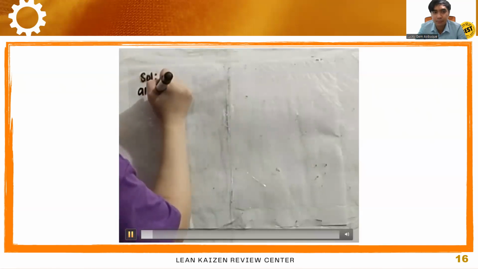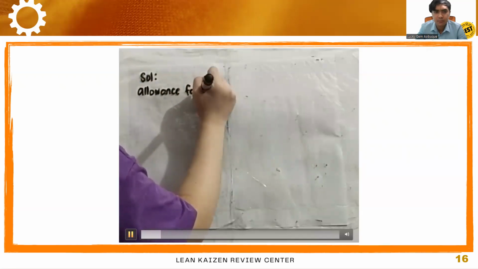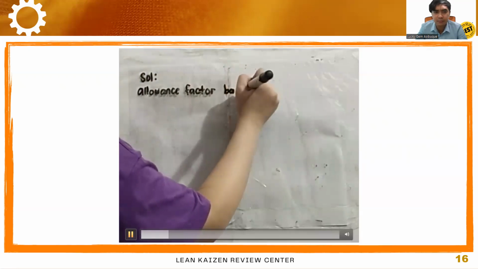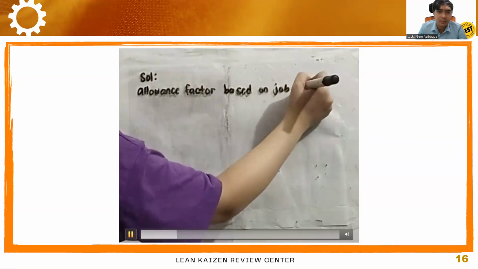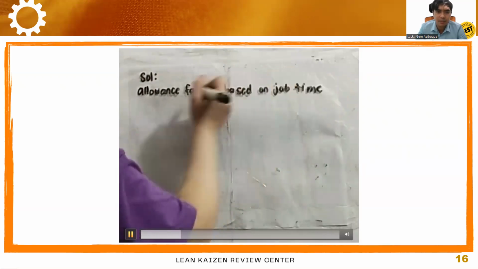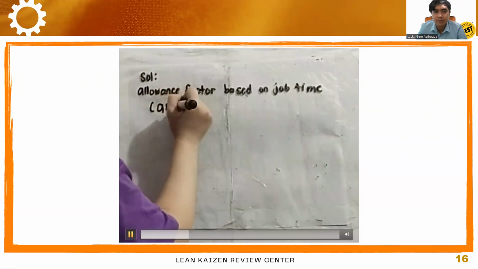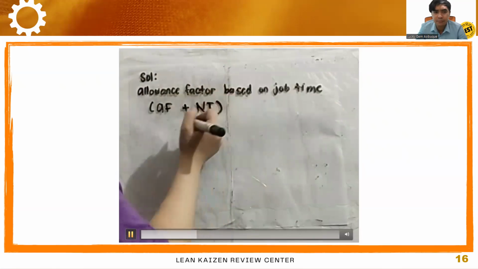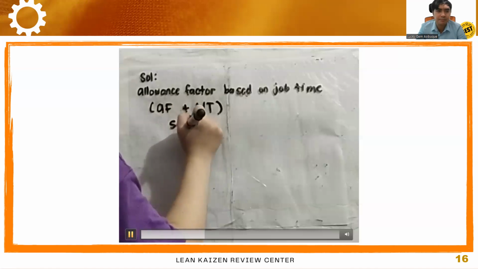Right, so for the solution, we have the allowance factor based on job time. Or in other words, allowance factor plus normal time.